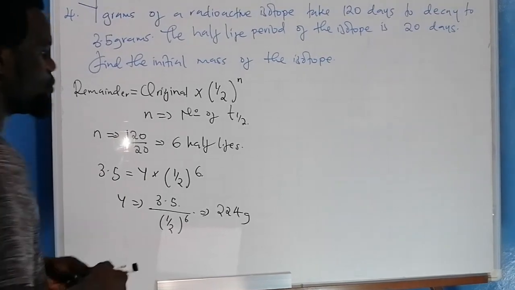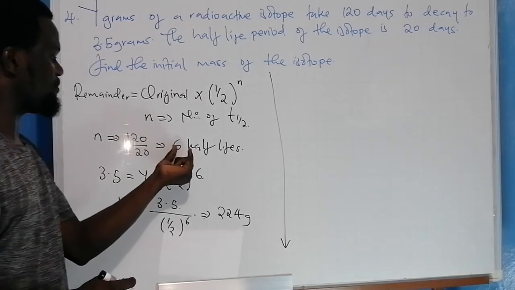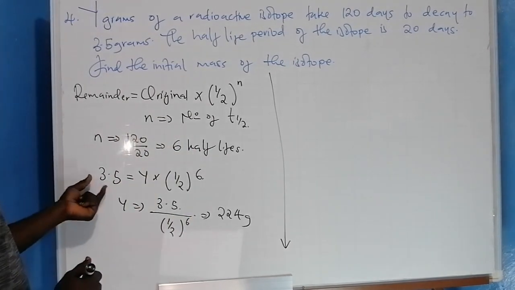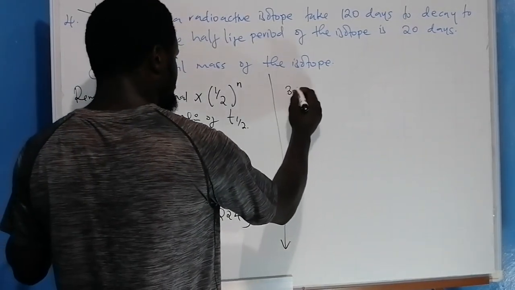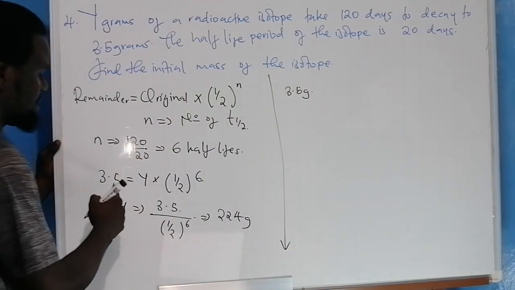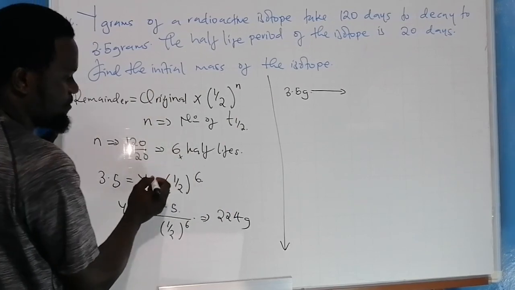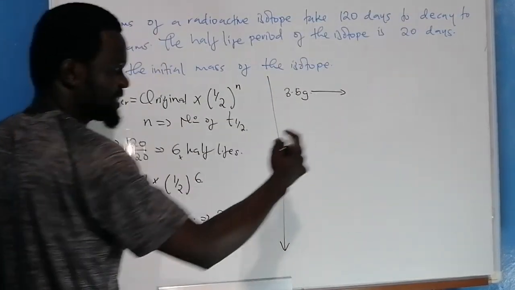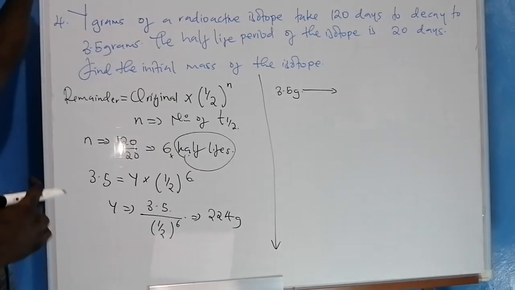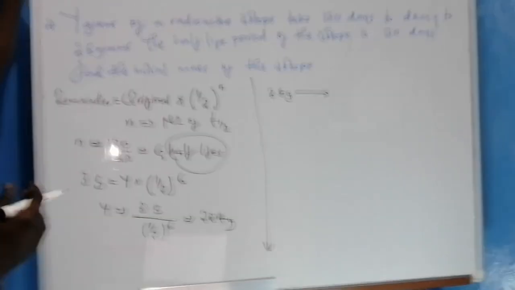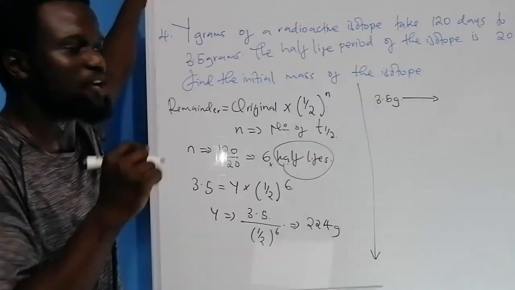So we have another way that we can approach the problem. We have the number of half-lives as 6, and the final mass is 3.5 grams. It therefore means that we go 6 steps backward. Now, what is the definition of a half-life? Half-life is the time taken by a radioactive isotope to decrease by half of its original.